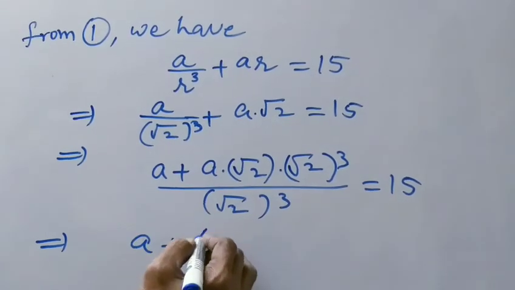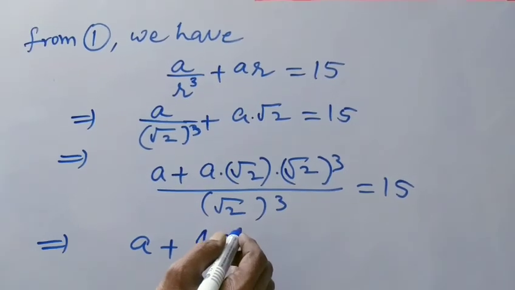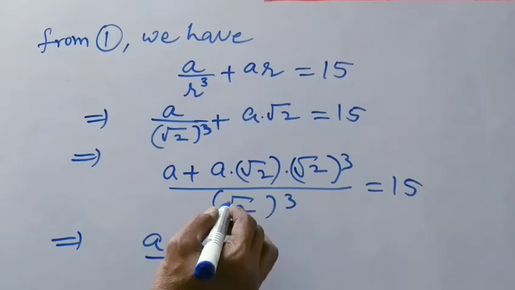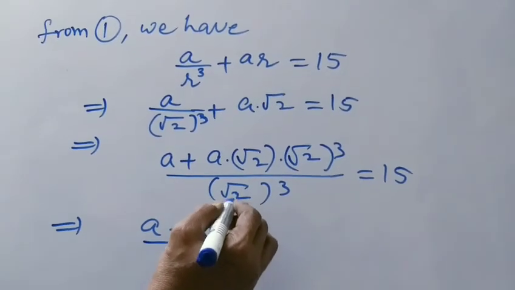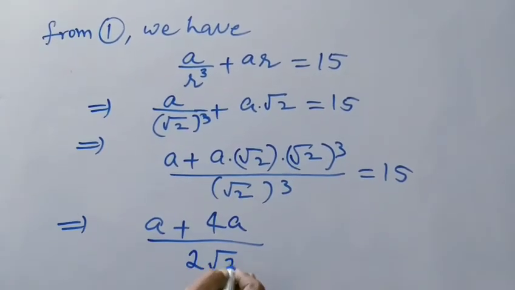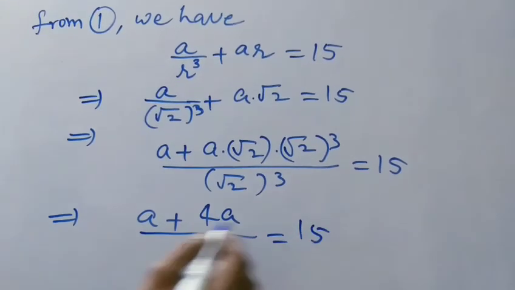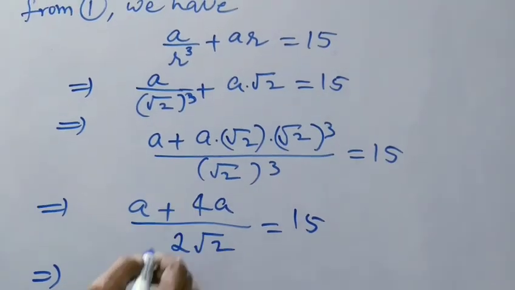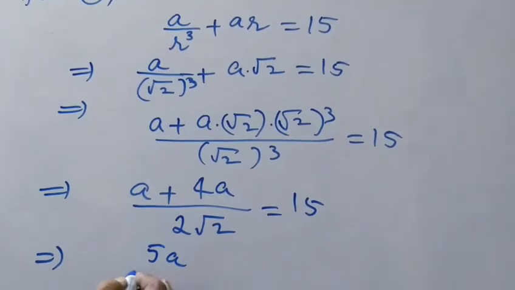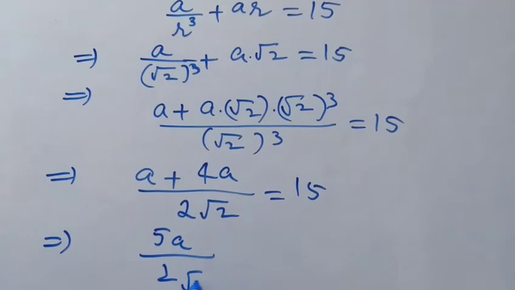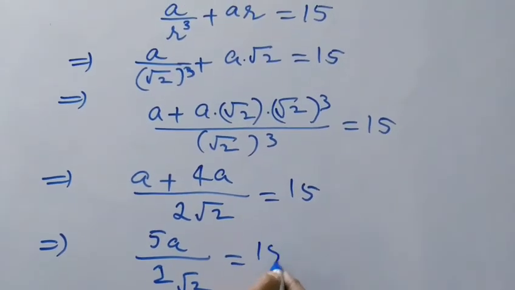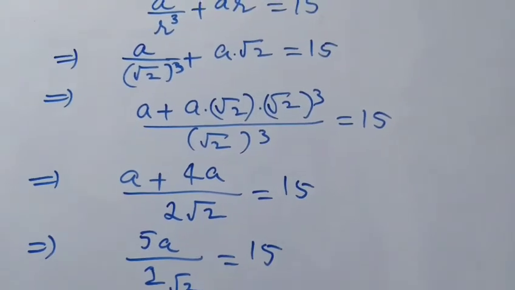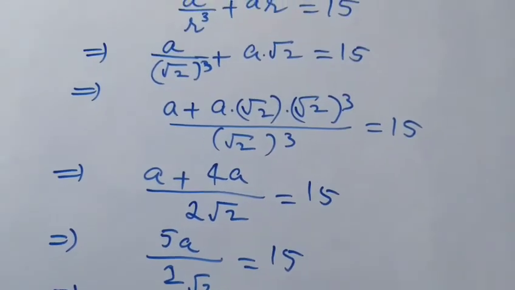So a + 4a divided by root 2 into root 2 into root 2, that is 2 root 2, is equal to 15. a + 4a becomes 5a, so 5a/(2 root 2) is equal to 15, which implies 5a is equal to 15 into 2 root 2.